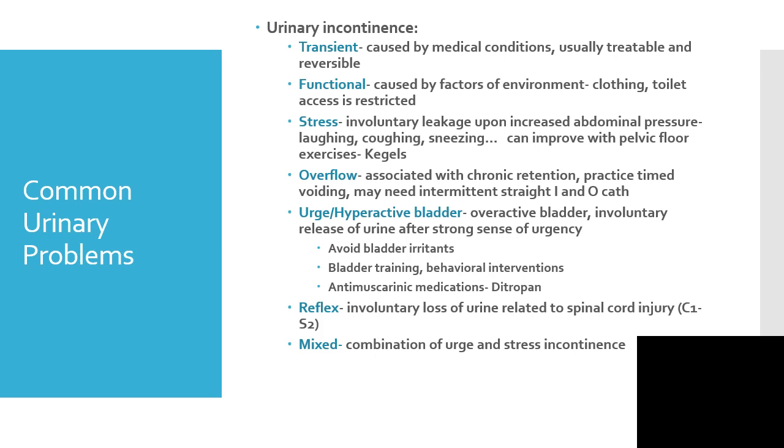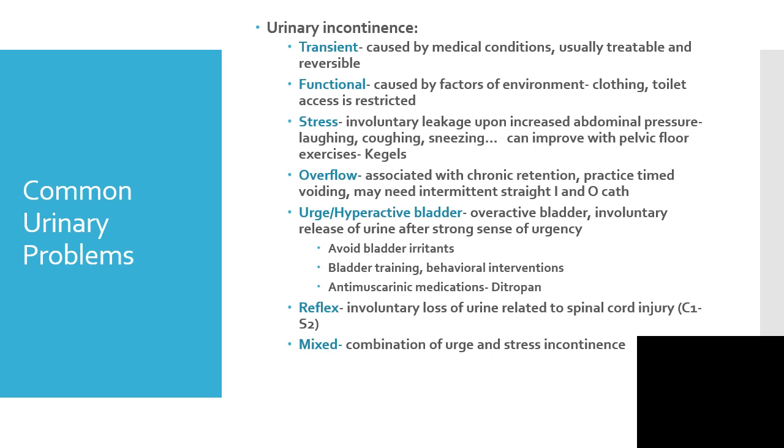Reflex incontinence is an involuntary loss of urine related to spinal cord injury. If there is damage at the cervical 1 through the sacral 2, there could be nerve compression that leads to the patient's inability to know if they have gone to the bathroom, or maybe they can't release the pressure on the bladder.